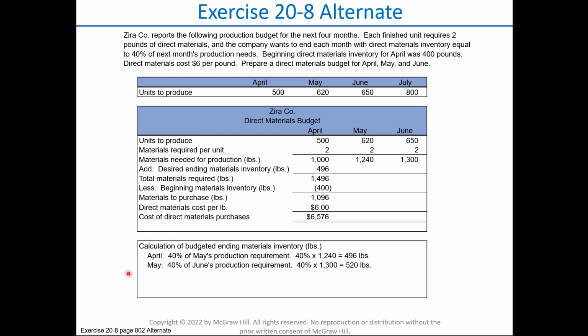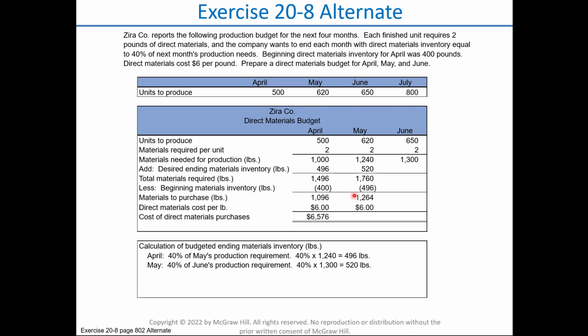In May, their ending materials inventory will be equal to 40% of June. So June is 1,300, 40% of that is 520. Add those together, subtract out our beginning, which is from here. So the ending from the previous month becomes the beginning for the next month.